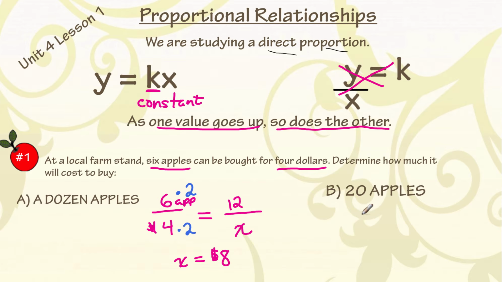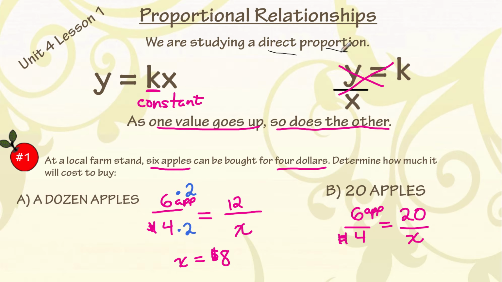Well, we'll just set up a proportion again. 6 is to 4 as 20 is to what? And I'm going to come over here, and I always put my labels so I know what is what. So I put apples over money. So over here I have to put apples over money.